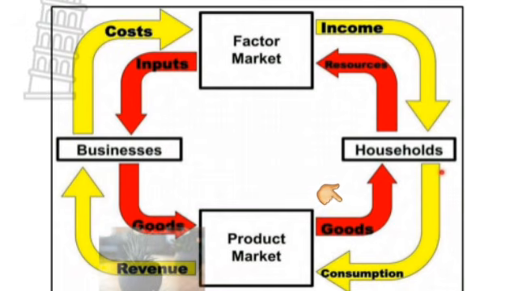They use their money to buy goods from product markets, also known as the goods market, and they consume those goods. Then they also sell their resources to factor markets. By resources we mean their factors of production.